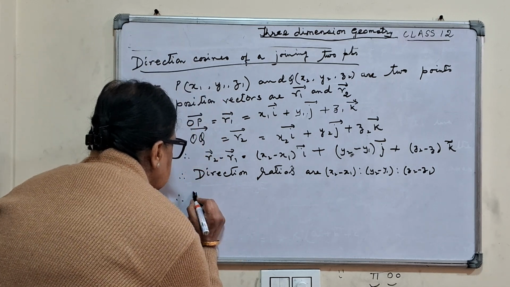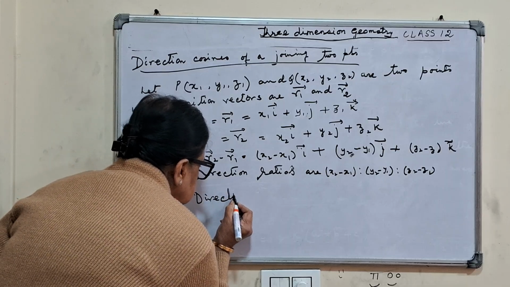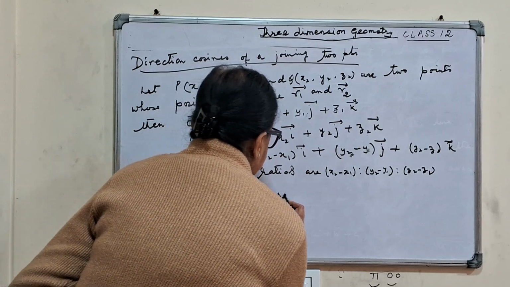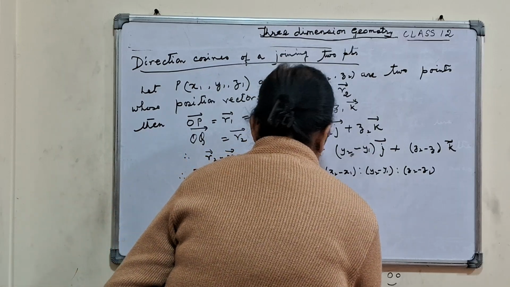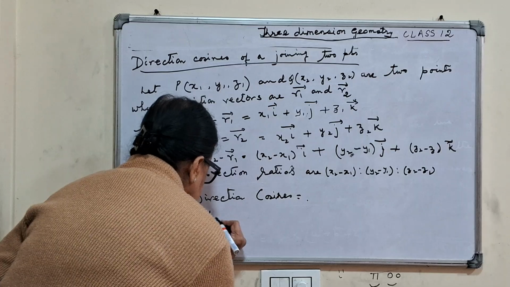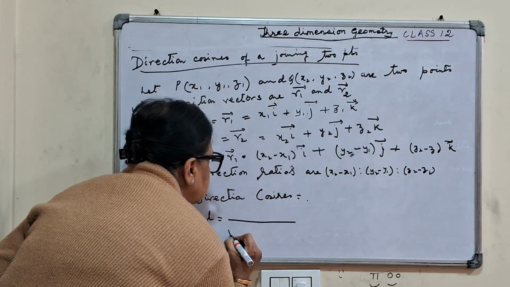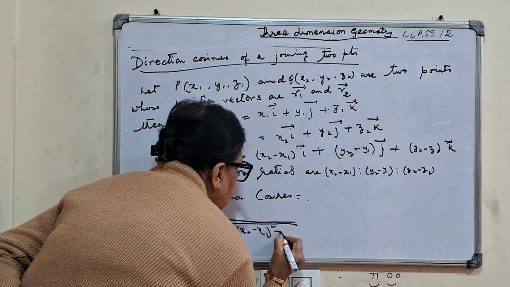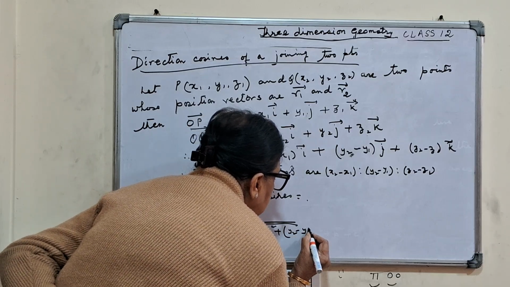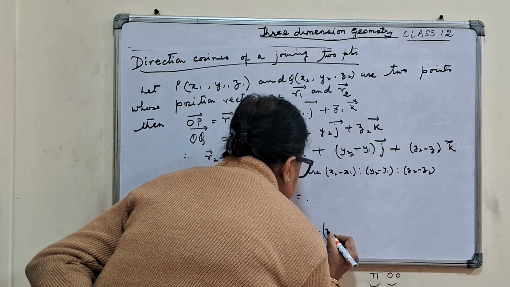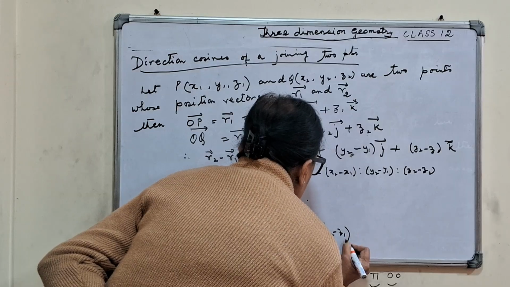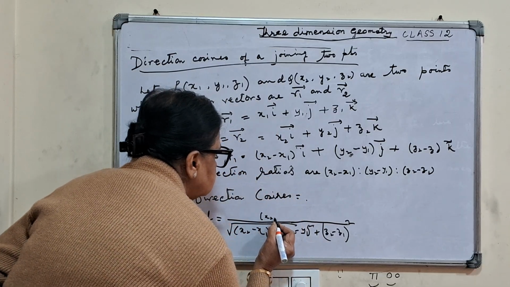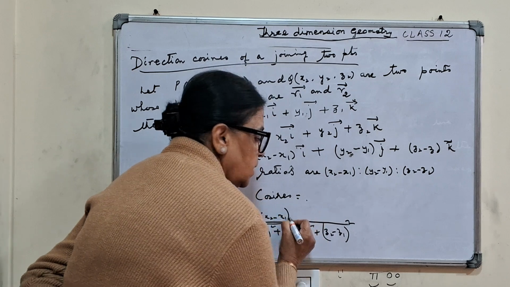Therefore, the direction cosines: L is equal to x2 minus x1 divided by root over (x2 minus x1) whole square plus (y2 minus y1) whole square plus (z2 minus z1) whole square.